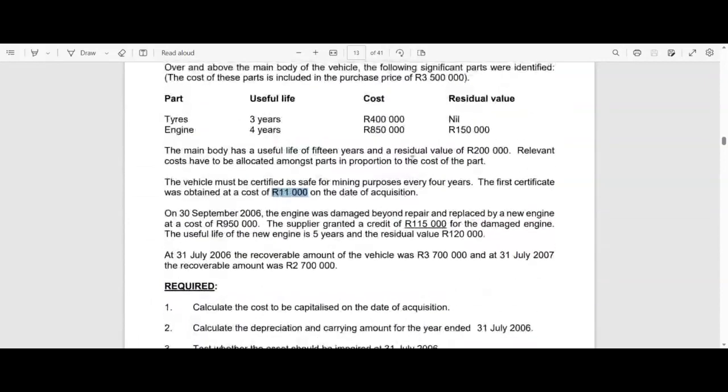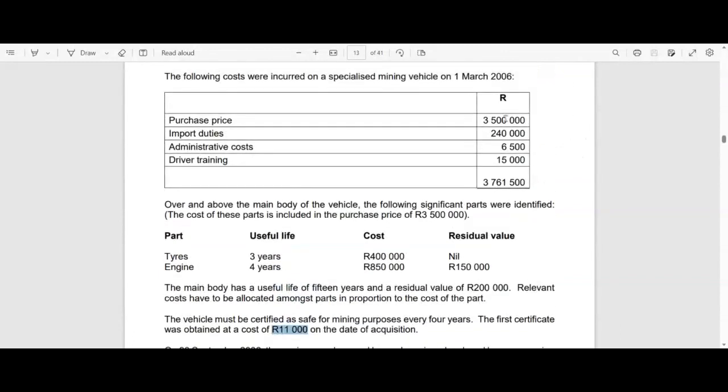Now, I don't want to go into this debate, ladies and gentlemen, but there is possibly a debate. If you do not consider that 11,000 Rand to be a significant value, and to be honest, if I'm an accountant in practice, which I actually am, if I had been the accountant of this particular business, my judgment would have told me that is not a significant amount. So personally, I would have written that off as an expense. What is the total value of this asset? 3.5 million.